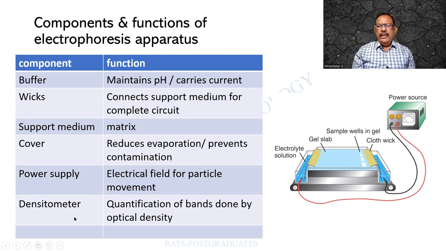And densitometer, sometimes we not only qualitate it, sometimes we quantify it also. For that, we require the density that could be measured. So this is done by an instrument called densitometer. So very beautifully, I think, a simple line diagram and then the components are there, you will never forget.